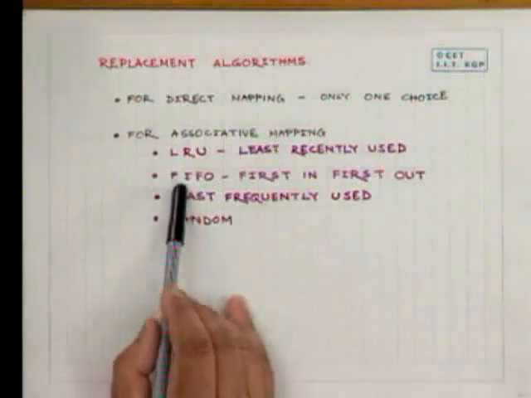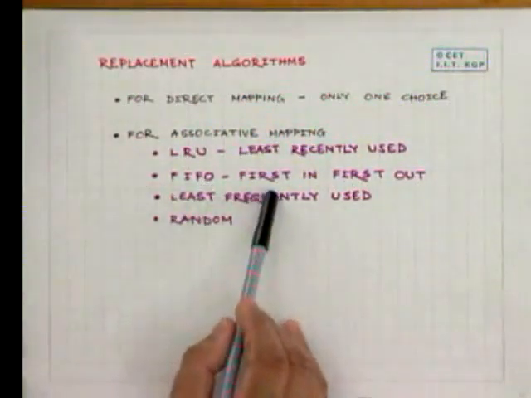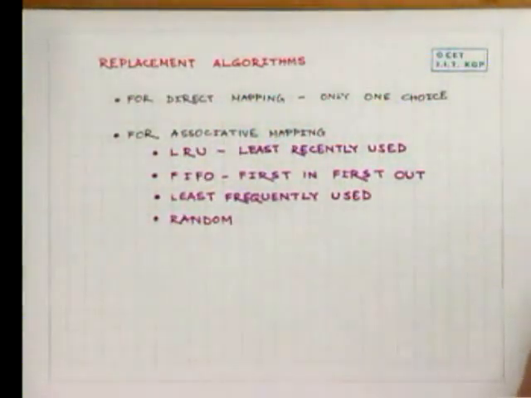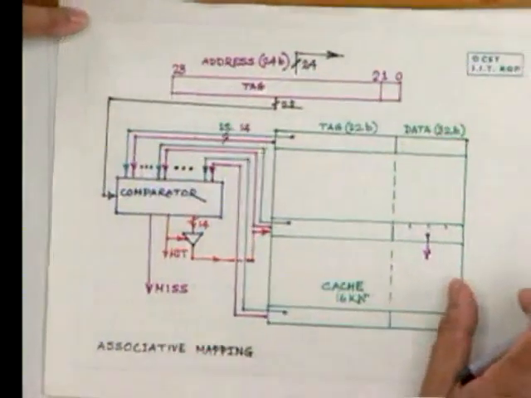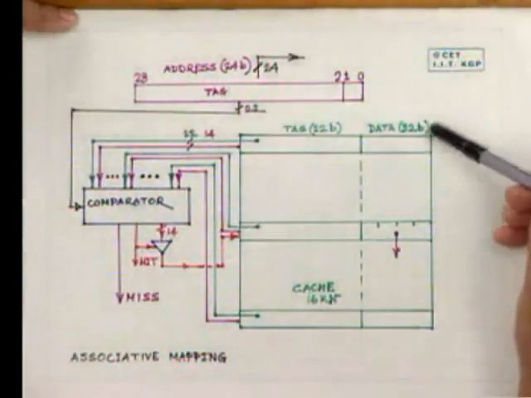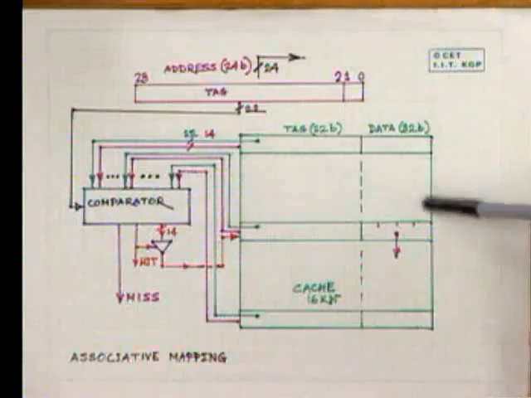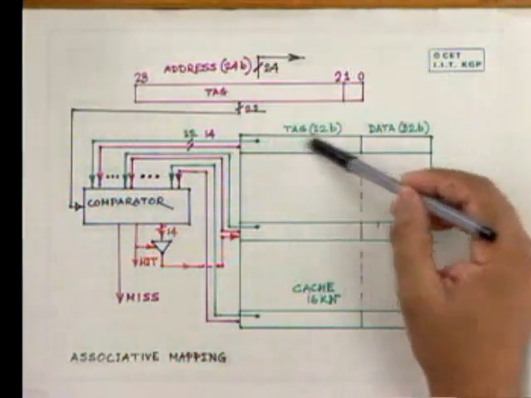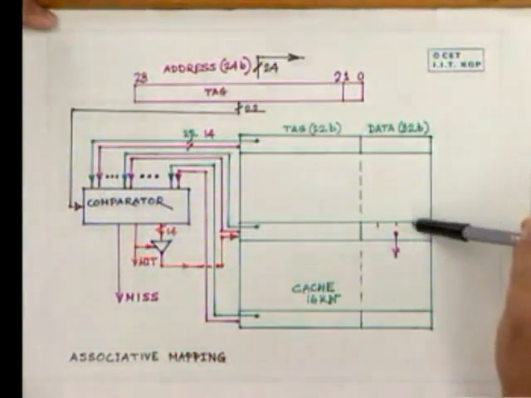Another is naturally FIFO, that is first in, first out. In such a case, the line which has come first is a candidate for replacement.